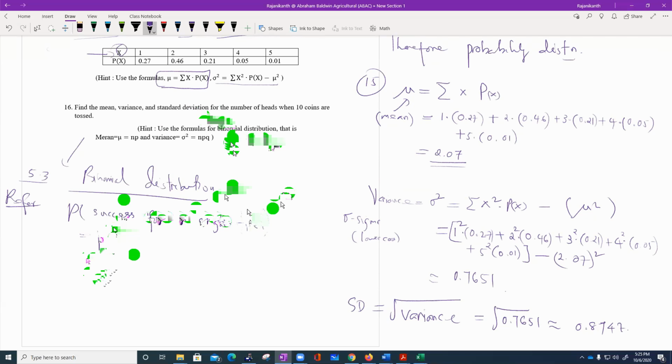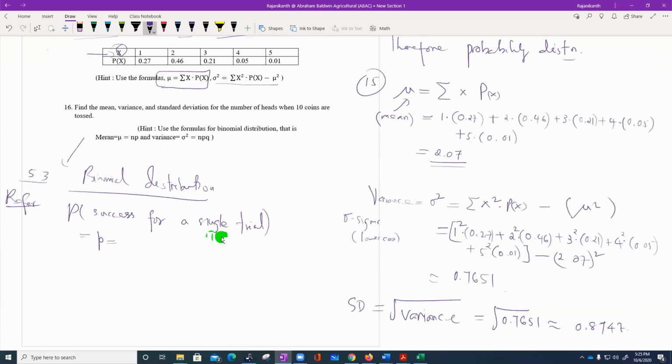In this problem, you have to imagine you are tossing a single coin just one time. Then the probability of success is what? Because we are looking for the number of heads, once you have heads in your coin, you have succeeded. So getting heads is one half, right? Therefore, little p is half here.